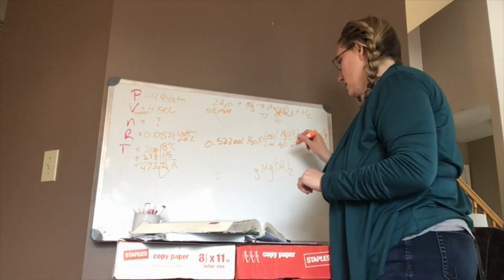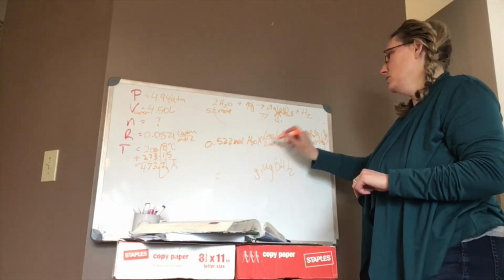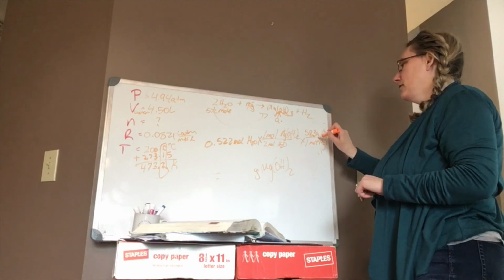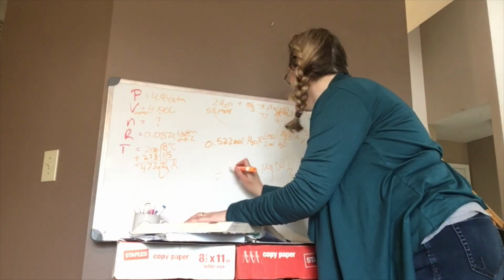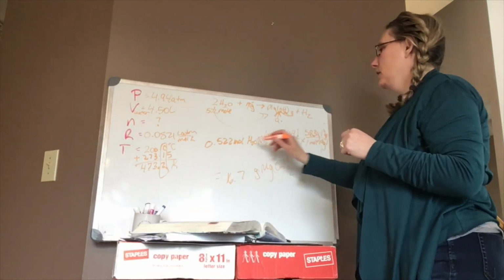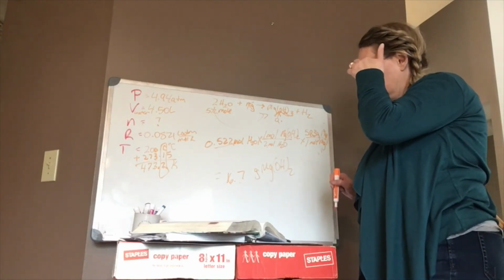I'm lazy and I don't want to write it again. So 0.572 divided by 2, that gets you into moles. And then you multiply that by 58.3 to get how many grams of magnesium hydroxide you have. And it should be 16.7 grams, because you have 3 significant digits there, so your answer can have 3 significant digits.